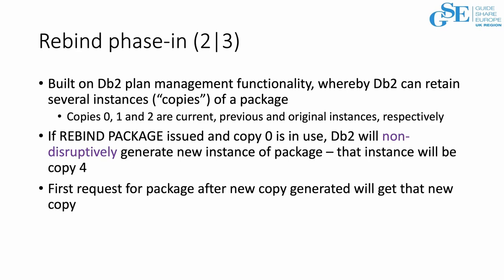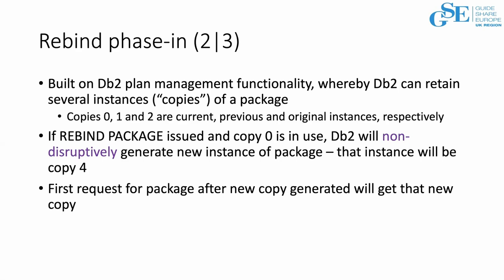Now with function level 505 and rebind phase-in, if Db2 sees that the current copy, copy 0, is in use, then Db2 will respond to that package being in use by using the rebind phase-in, which will non-disruptively generate a new instance of that package.